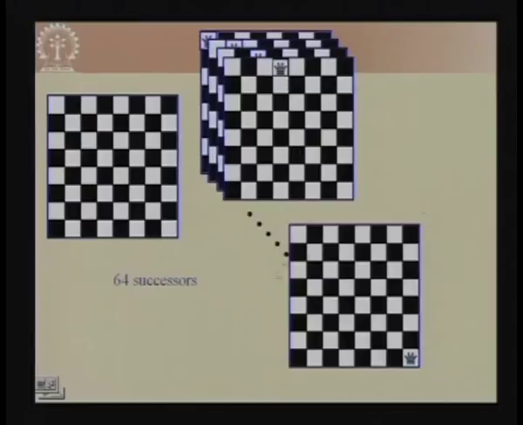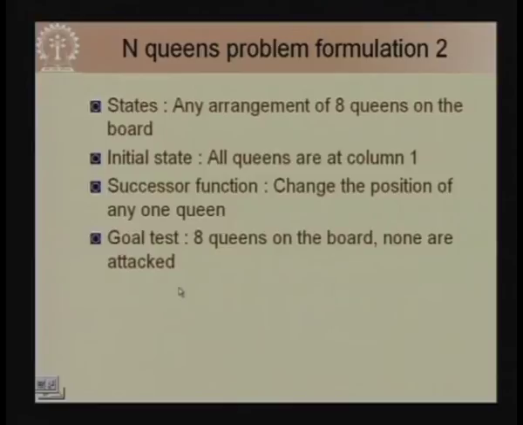We have 64 successors. And each of these states will have 63 successors. So, if we start from this state, there will be 63 successors. So, that was one possible way of formulating 8 queens as a state space search problem.